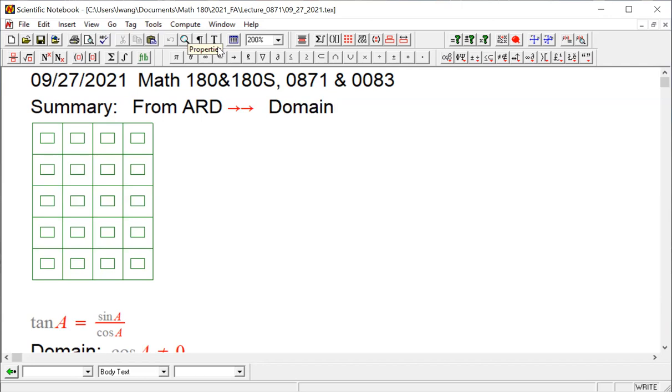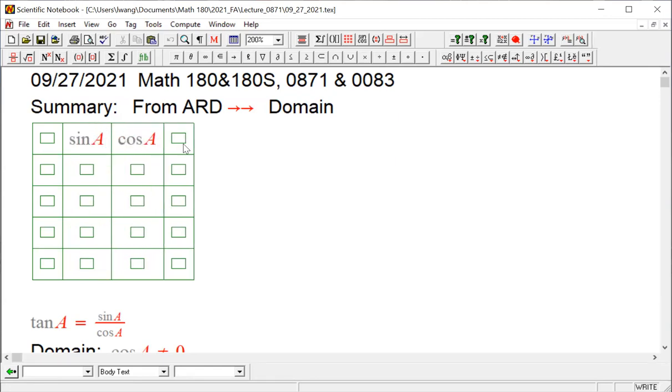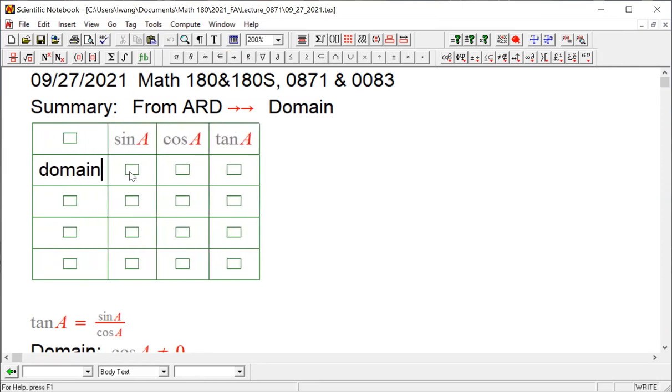Picture is the other thing. Domain is one big issue. We know sine A, cosine A, tangent A, right? Sine domain is all real numbers. That's no question, right?